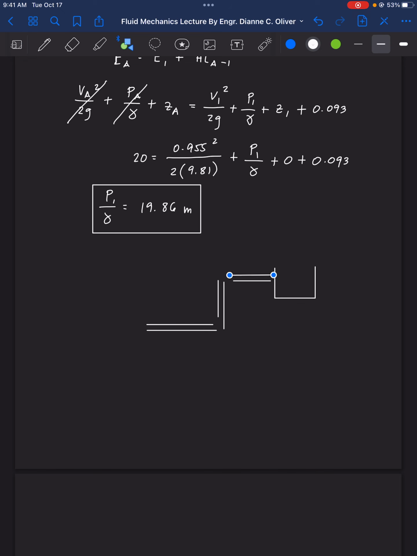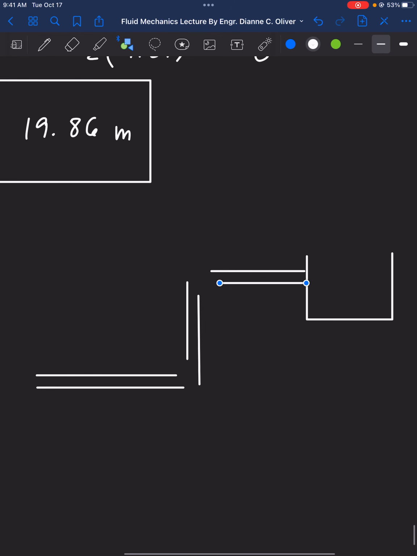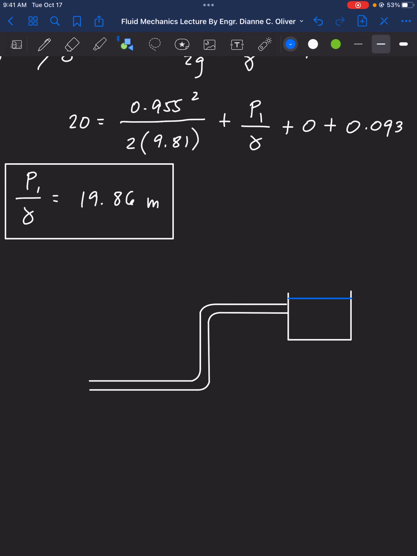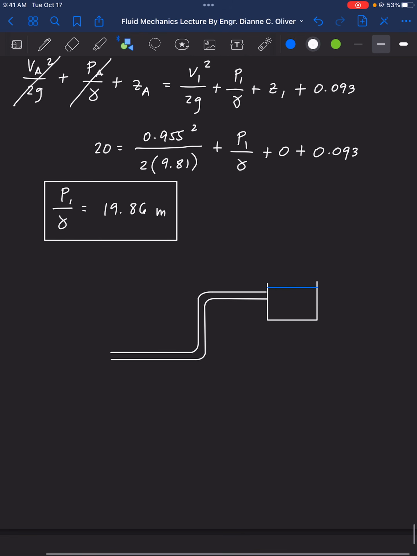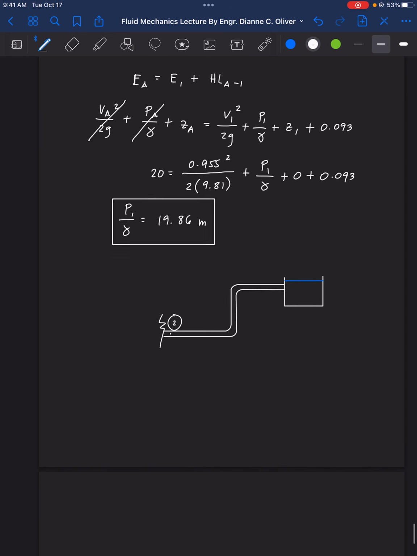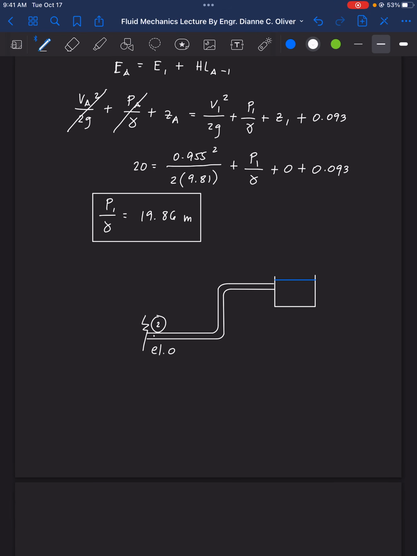Our reservoir. Then this is our pipe number 2, pipe at 2.2, and the elevation here is 0, and the elevation of B is 70.